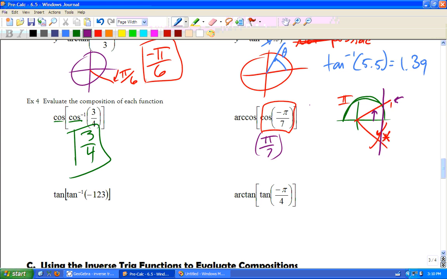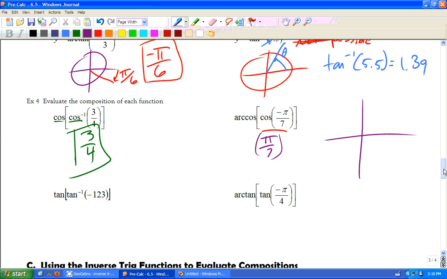Because of this, it's not just negative pi over 7. Let me try to explain that again, because I don't think I was very clear. When you ask for the cosine of negative pi over 7, it's saying, what's the x value after you rotate down negative pi over 7?